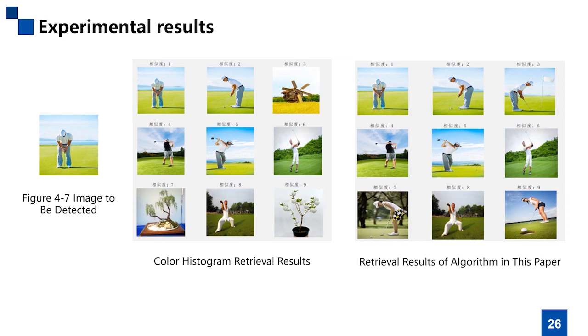The color histogram retrieval method and the retrieval method of two-dimensional entropy and structural similarity are tested respectively. It can be seen from the test images that the algorithm in this paper can retrieve more similar images.